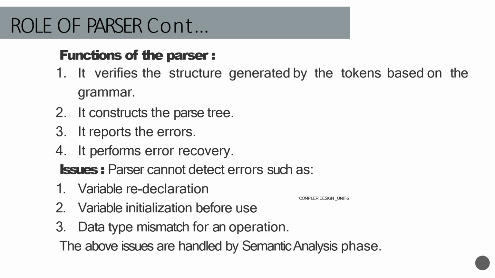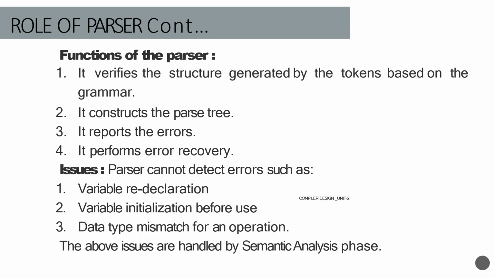And what are the functions of the parser? The first function is that it verifies the structure generated by the tokens based on the grammar. The main function of the parser is to construct the parse tree, and if any errors are there, they will be reported by the parser. As we all know, the syntax analyzer finds syntax errors.